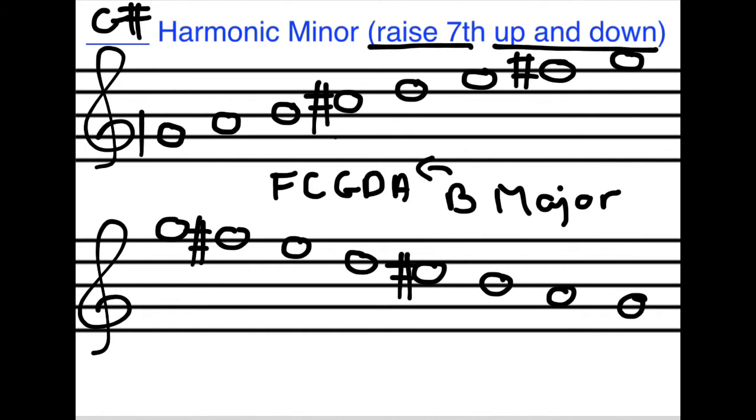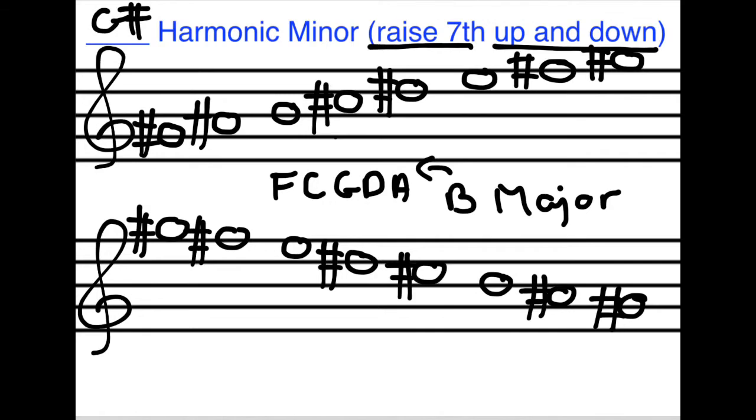You've got loads of G sharps because you're in G sharp minor, so you have a G sharp to start and a G sharp to end. Again, a G sharp to start and a G sharp to end. F, C, G, you need a D sharp as well, going up and going down. And you need an A sharp, going up and going down.